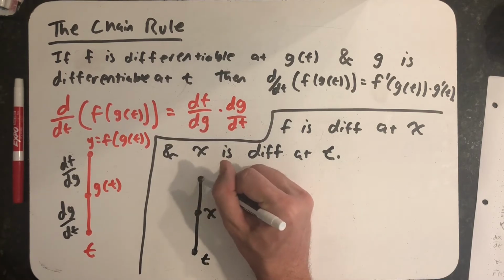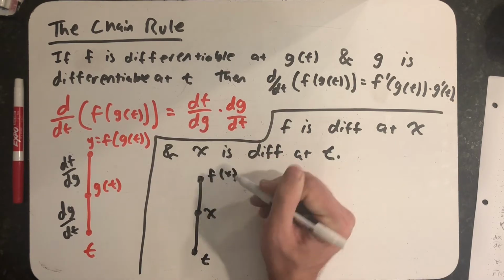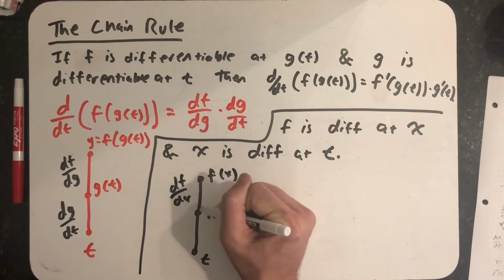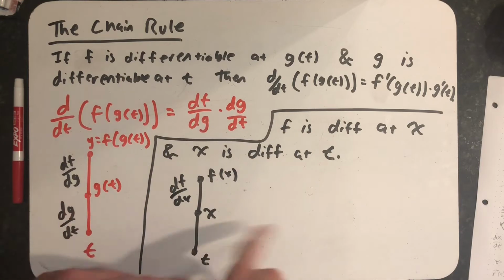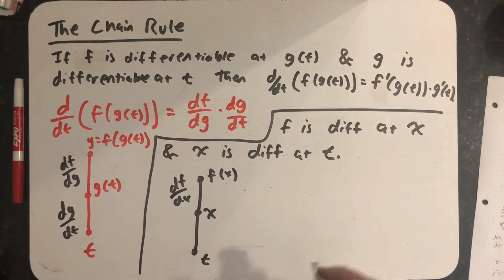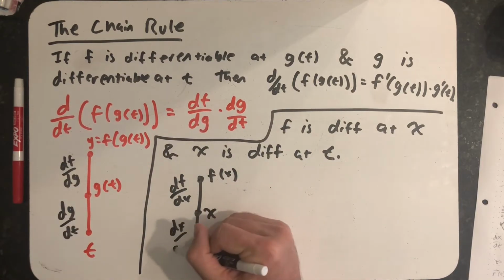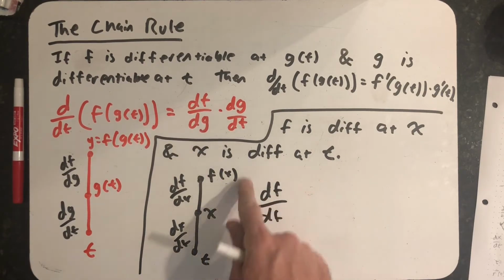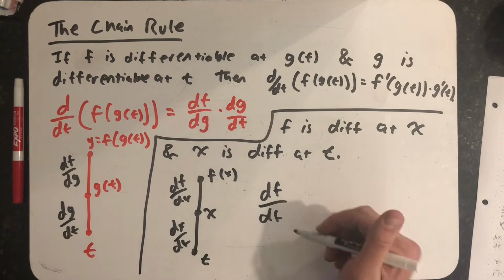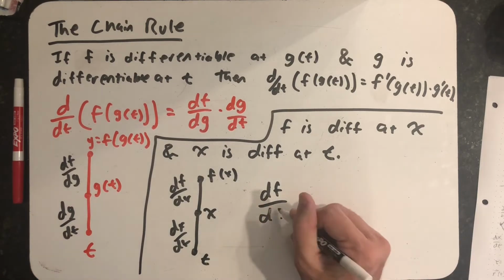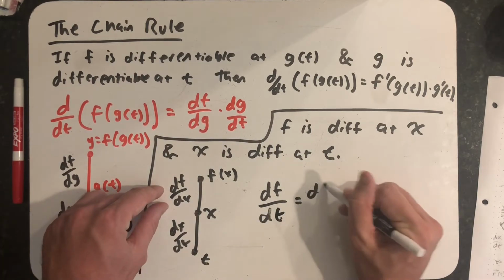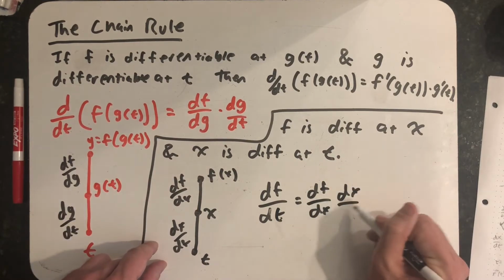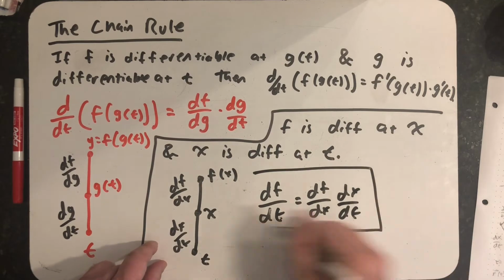That x value gets plugged into a function that gives me a y value. I take a derivative with respect to x, one variable in the row right below the f, and then I take a derivative of x with respect to t. So the derivative of f with respect to the lone independent variable t is the product of df dx and dx dt. And there's my chain rule.